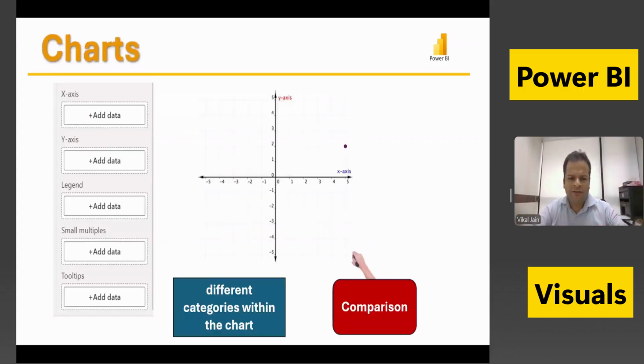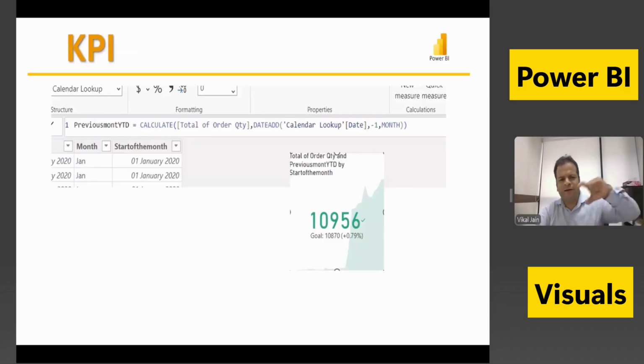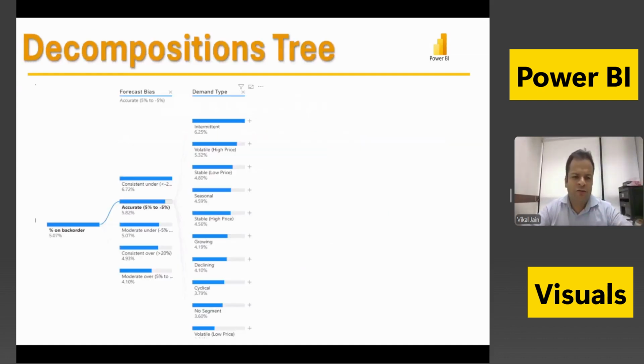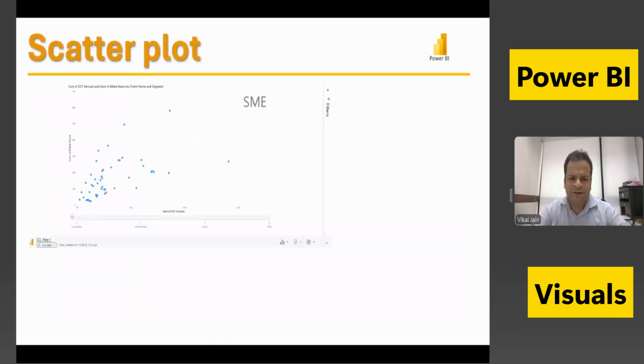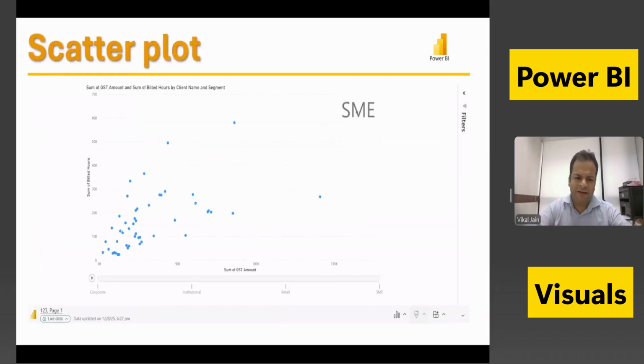We have dealt with the charts, and the KPI cards, comparing actuals with budgets, or current month with the previous month, current year with the previous year. We have dealt with the decomposition tree, Q&A, scatter plot, and real time live data with Power Queries and the Power BI server.